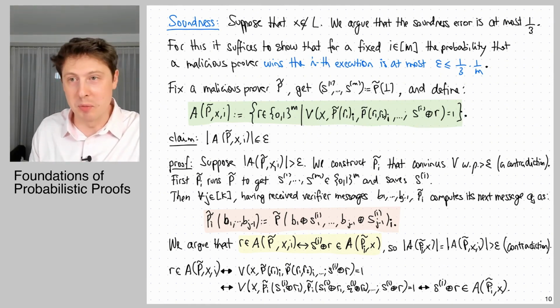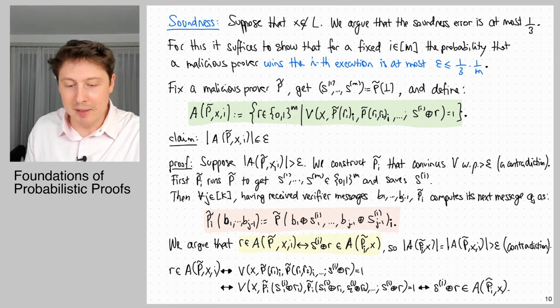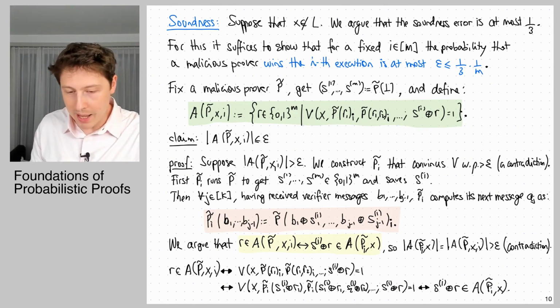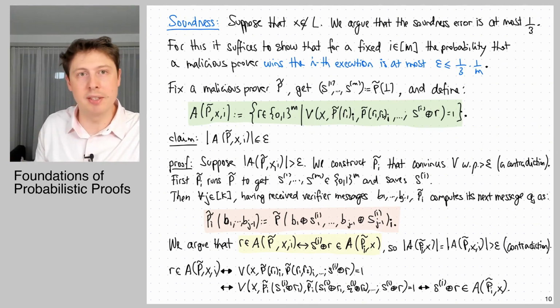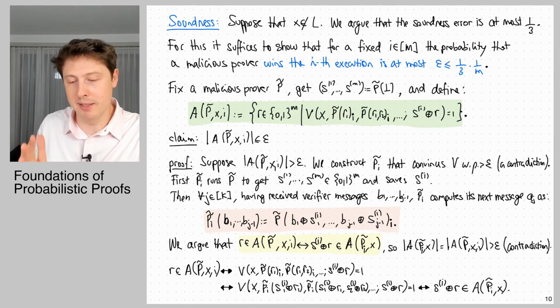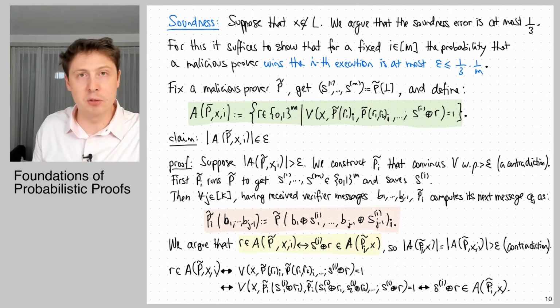This is the end of the soundness proof. This is the main difference between this and Lautemann's proof that BPP is in sigma 2: we can't just shift. Once we have a prover, we have to shift him at every round, okay?